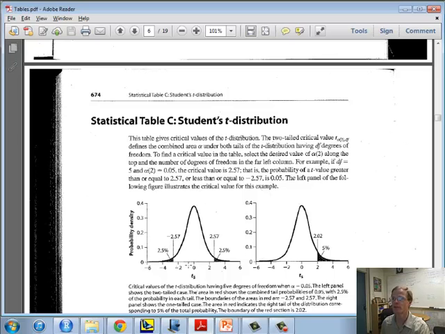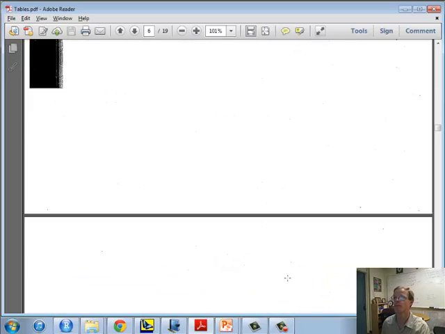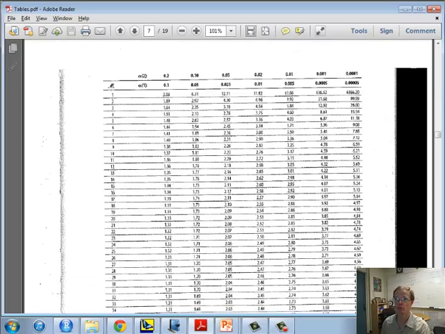For a 95% curve, we want to have 2.5% on the left, 2.5% on the right. So we read degrees of freedom in the row. I have 8, and alpha over 2 means the 2-tailed probabilities.